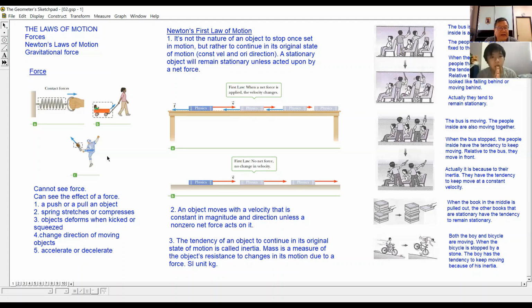Other than accelerating and decelerating, if an object moving in a straight line suddenly changes its direction, let's say it turns to the left or right or up or down, that means there is a force acting on it.